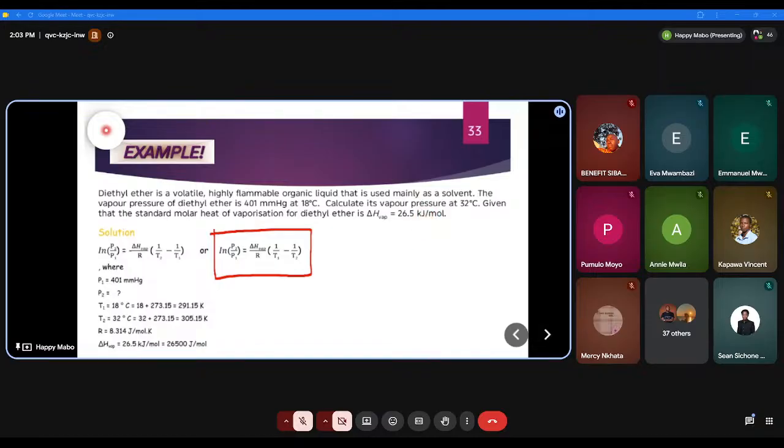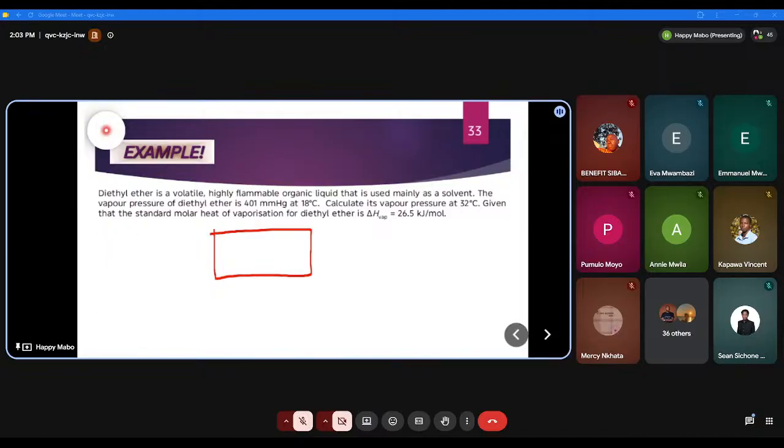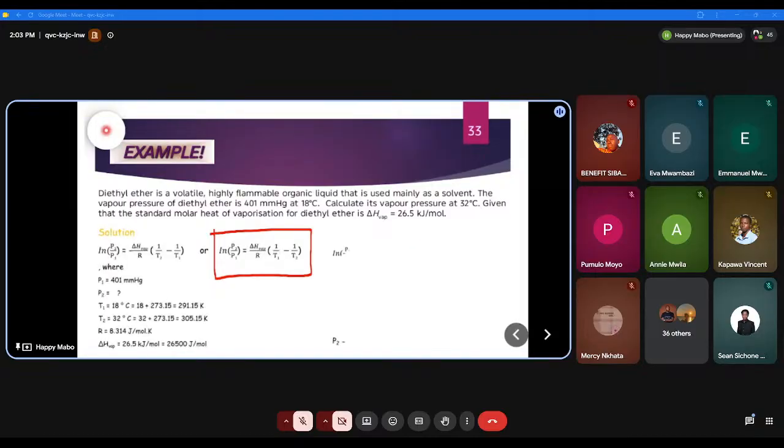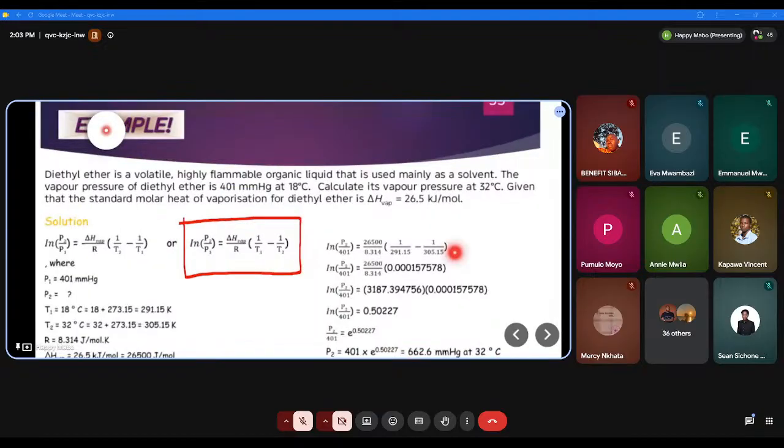So how do we create that uniformity? We change this one into joules from kilojoules, and it gives us 26,500 joules per mole. Then when we plug in the values that we have into this version that we have chosen, we are going to get that.